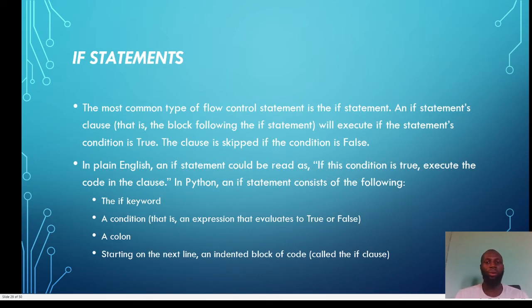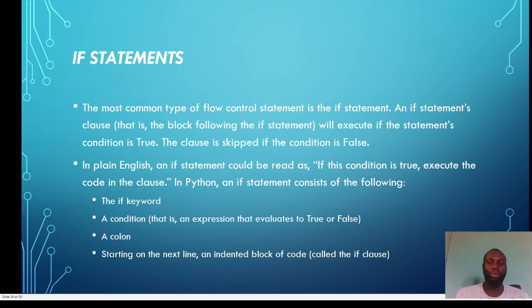The most common type of flow control statement is the if statement. An if statement clause, that is the block following the if statement, will execute if the statement's condition is true. So if the condition is not true, it won't execute; it goes to the end. The clause is skipped if the condition is false. In plain English, an if statement could be read as: if this condition is true, execute the code in the clause.